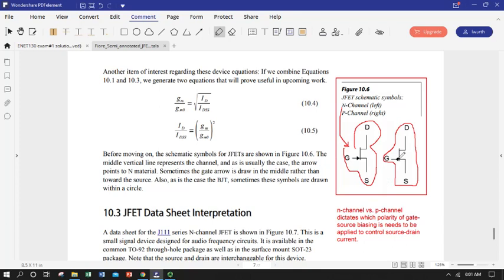So arrow direction is super important, and then knowing effectively what lead is what. So main controlled current is going to flow this way, and voltage signal between gate and source.